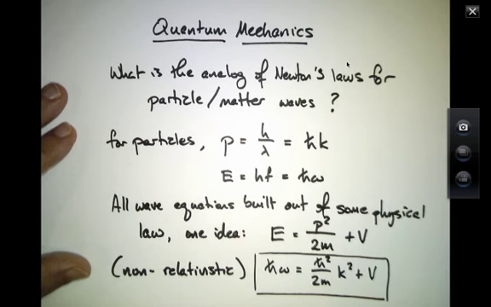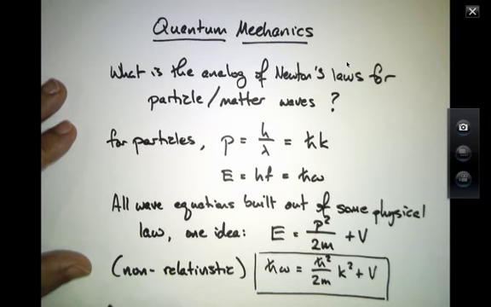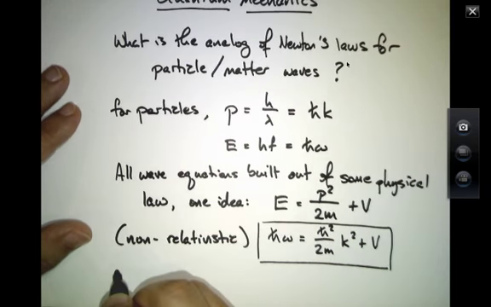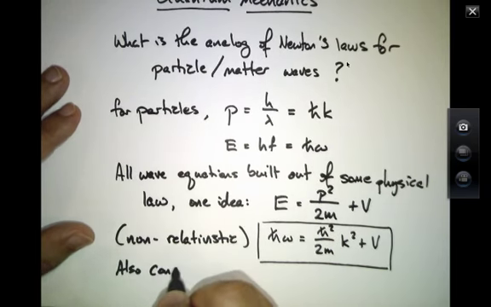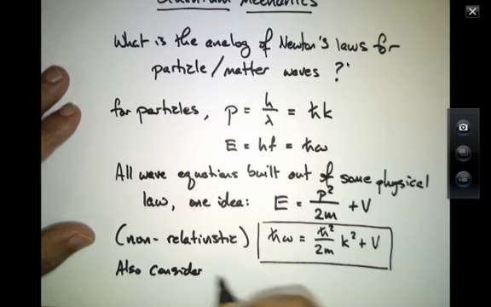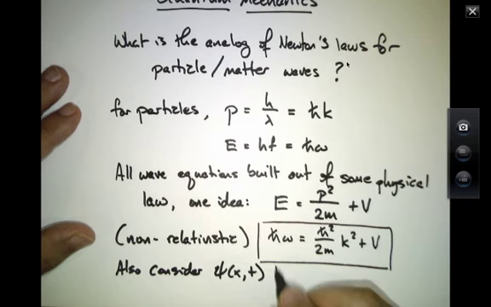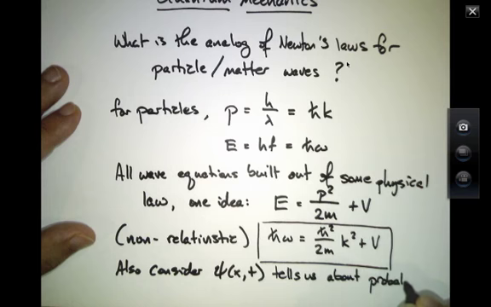And we'll also have to keep in mind that the wave function that we're ultimately going to be looking for to satisfy this wave equation has something to do with probability.